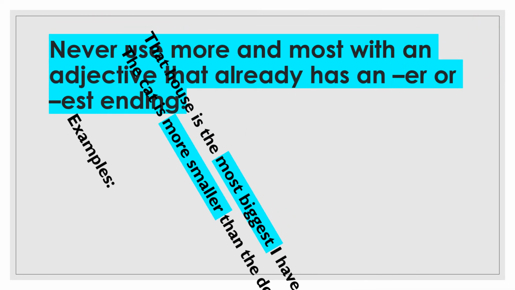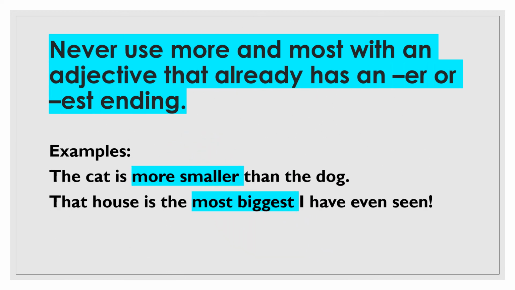For example, we wouldn't say the cat is more smaller than the dog because small is a one-syllable word. So if it's a one-syllable word, you use ER. You're comparing two things, the cat and the dog, so it's smaller. You would not say more smaller.